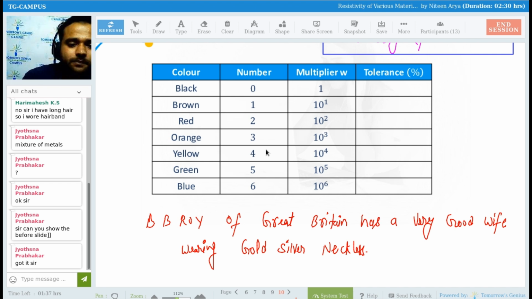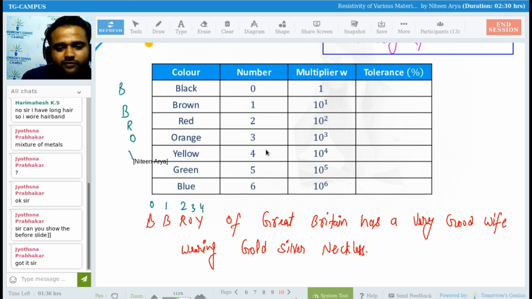What is the meaning of that? B.B. Roy stands for this. First B stands for black, second B stands for brown, starting from 0, then 1, then 2, then 3, then 4. Then R stands for red, then 2.